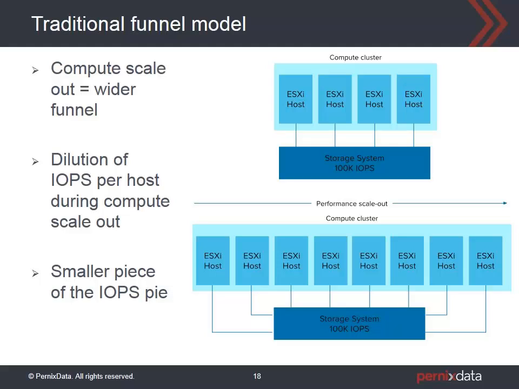So your performance per host is getting smaller and smaller because it's getting diluted, right? If you have an equal distribution, if DRS does its thing, right? Now, this is the most current problem.